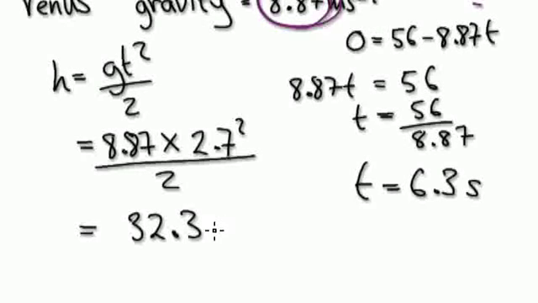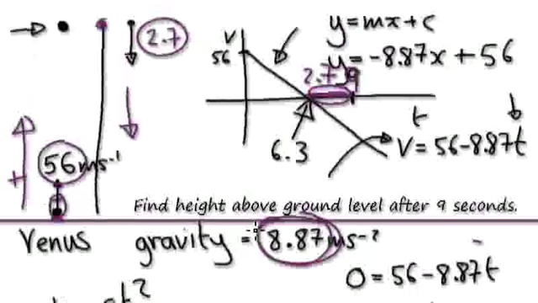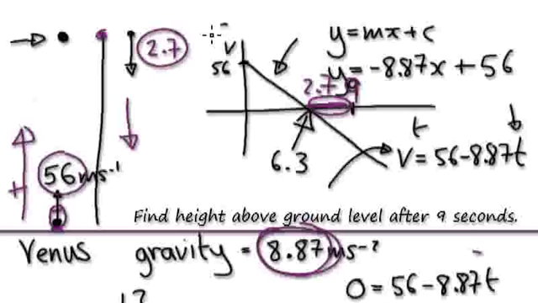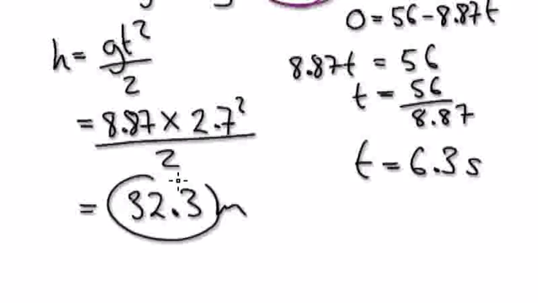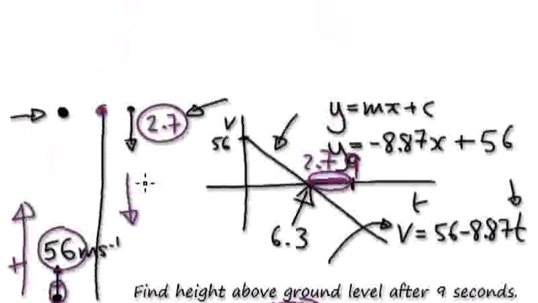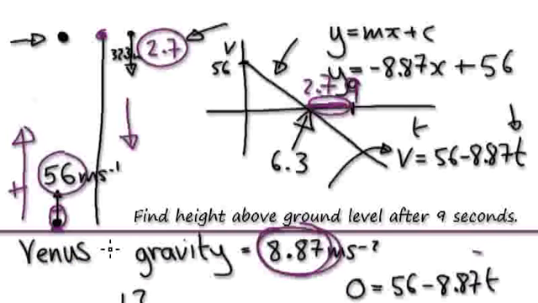So when it's free falling for 2.7 seconds, it will cover a distance of 32.3 meters. Now we also need to know the maximum height.